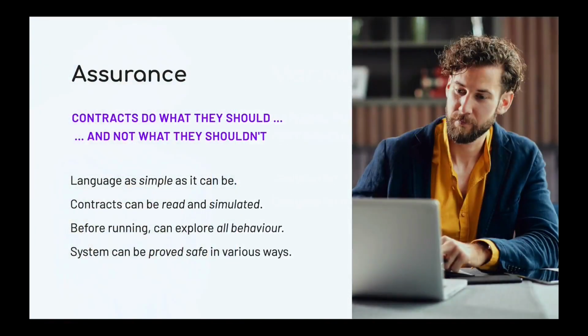We also get assurance that contracts behave as they should and don't do what they shouldn't. Some of that is built into the way that the language is designed. The language is simple and therefore we get readability. We also get simulatability and we get these stronger assurances of static analysis and verification.